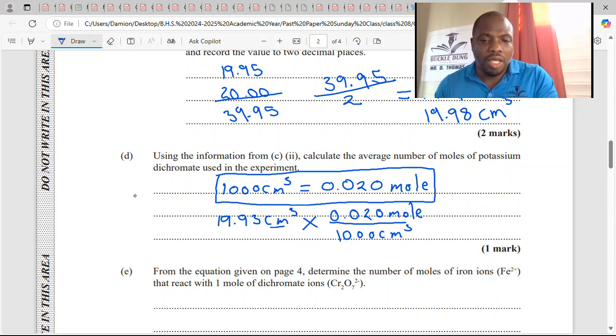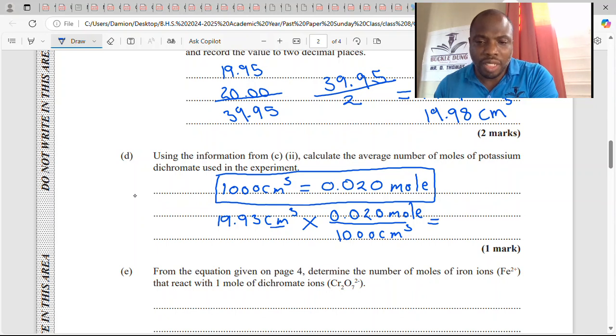This is saying 19.93 times 0.020, and if you want to work it out on your calculator, you can work out that top part first and then divide by 1000. Not sure why this is creating some problems.